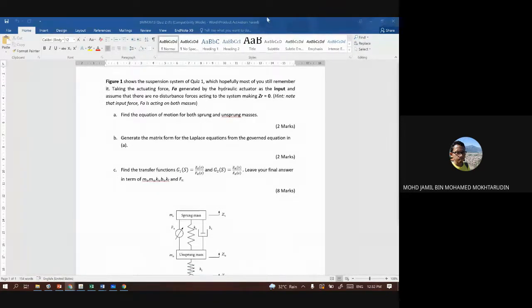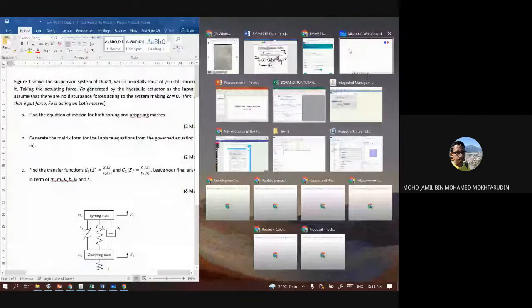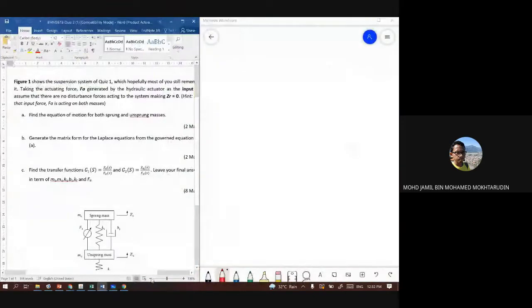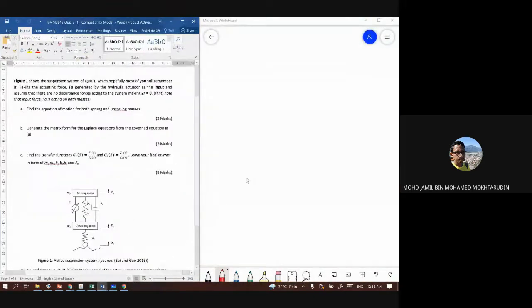Okay, so let's do this. Before we go into finding the equation, we need to follow the step-by-step that I taught you back in maybe week number 2 or week number 3. So let's revise the steps to model a system.